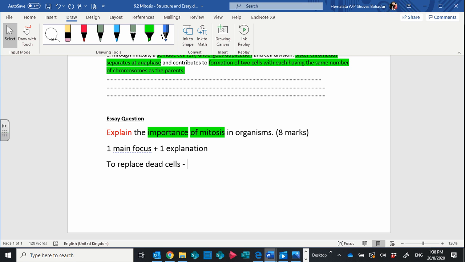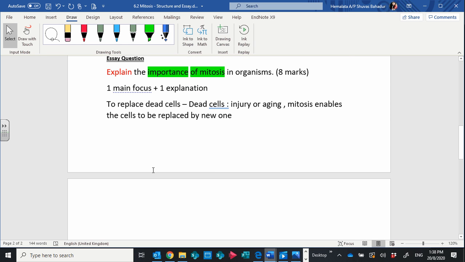My explanation will be dead cells, because due to injuries or aging, mitosis enables the cells to be replaced by new ones. Okay, so one main focus and one explanation, for example.